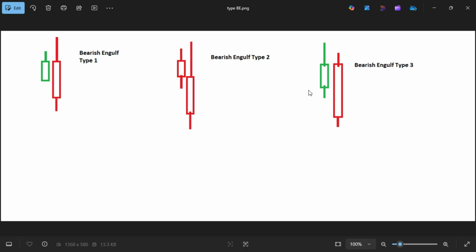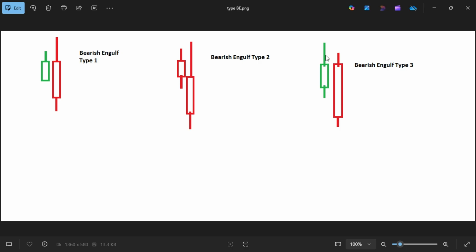And for bullish engulf, you can have a bullish Marubozu candle. You can have a bullish first candle, bullish second candle. And also you can have a bearish first candle and bullish second candle.